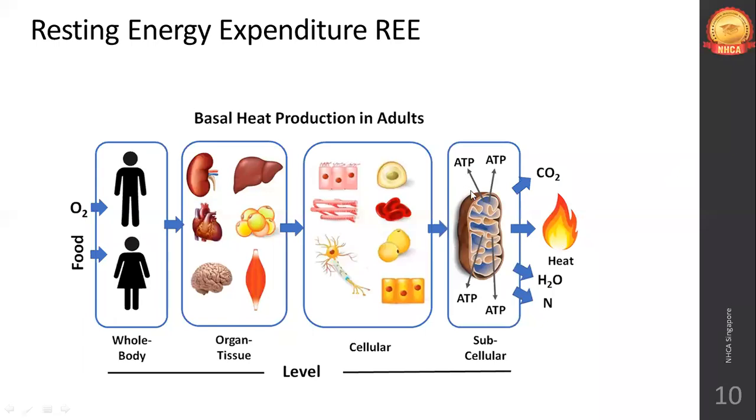It takes ATP and gives out ADP. When one phosphate ion from the ATP is split, it releases carbon dioxide, heat, water, and nitrogen.